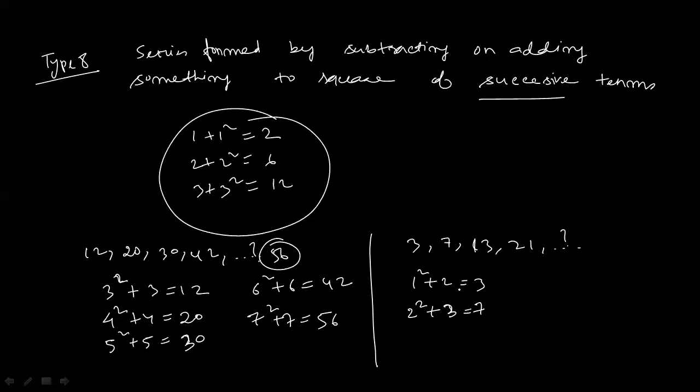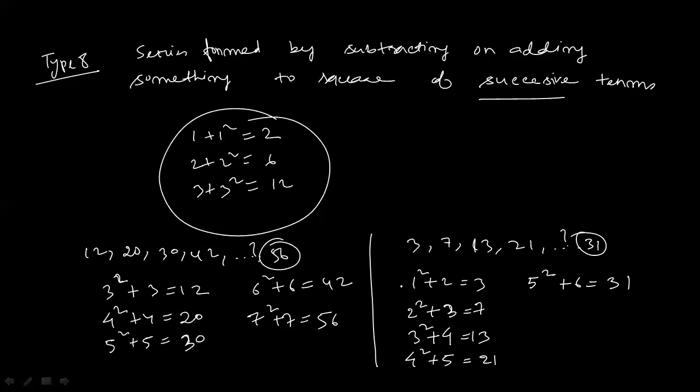Because 2 square is 4, plus 3. Then 3 square plus 4, that means 9 plus 4 is 13. Then 4 square plus 5, that means 16 plus 5 is 21. So the next number will be 5 square plus 6, so 25 plus 6, it will be 31. So the next number will be 31.